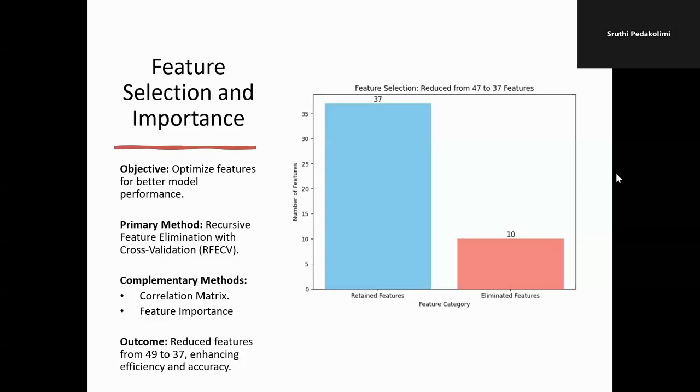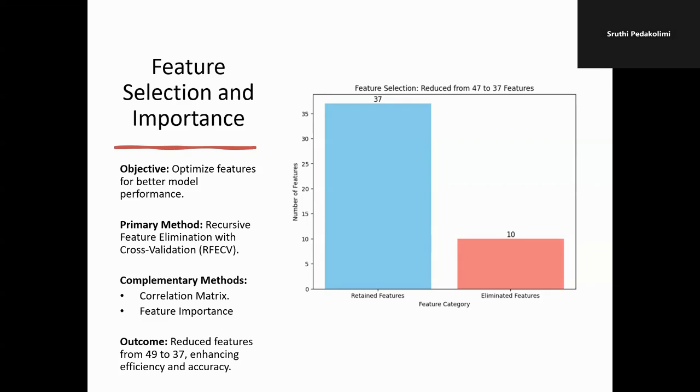Before diving into the models, let me walk you through how we prepared the features for our models. In machine learning, the quality of input features plays a critical role in determining the performance of the model. So, to optimize this, we used a combination of methods to select the most relevant features while eliminating redundancy and noise. Our primary method for feature selection was recursive feature elimination with cross validation, also called RFECV.